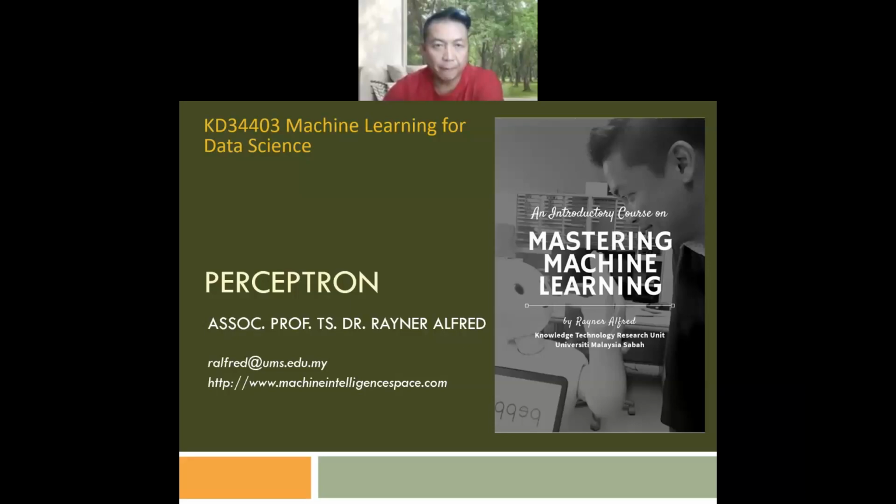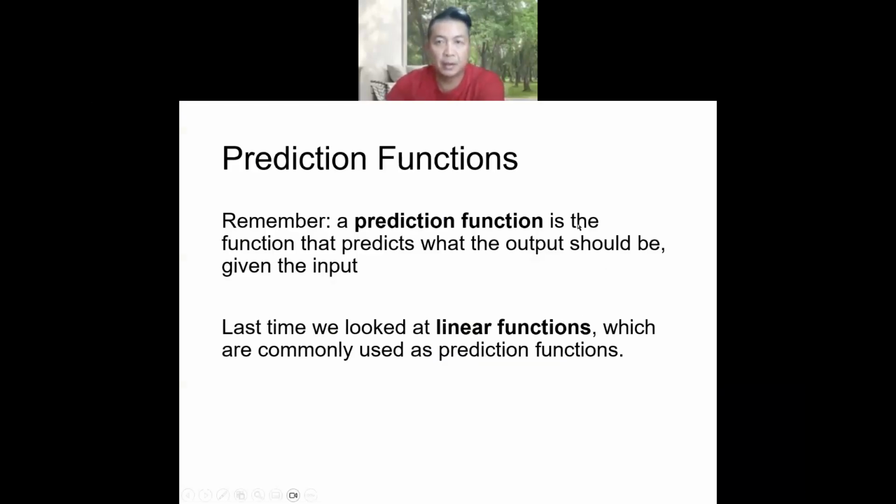Okay, Perceptron. Remember that you have studied linear regression and also classification. One application of classification is to predict the classes of certain items, or to identify the type of item that we have.